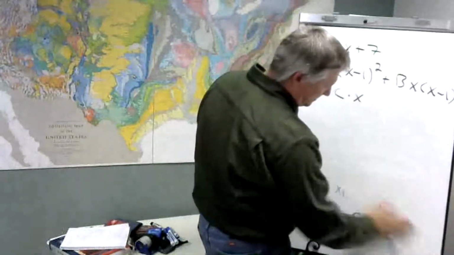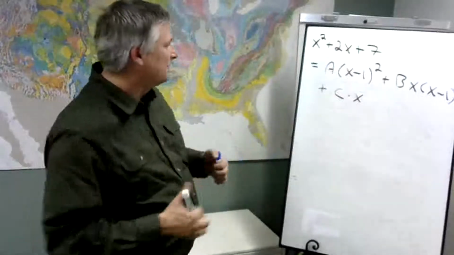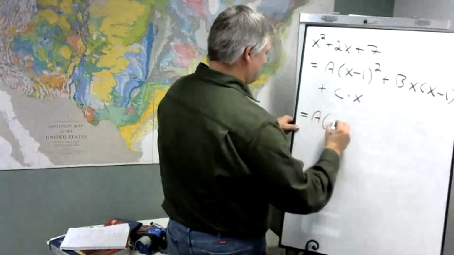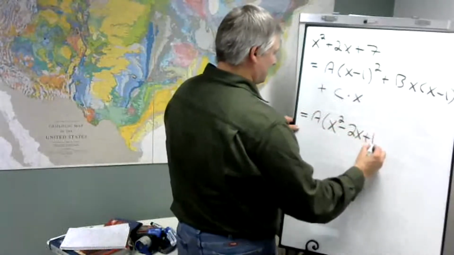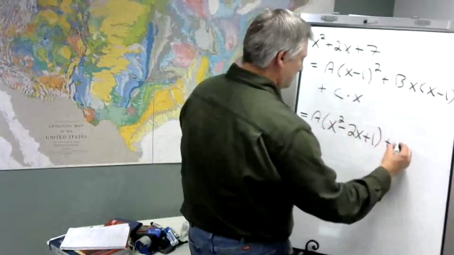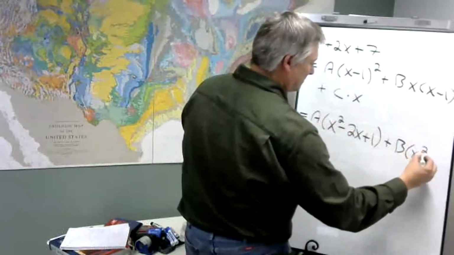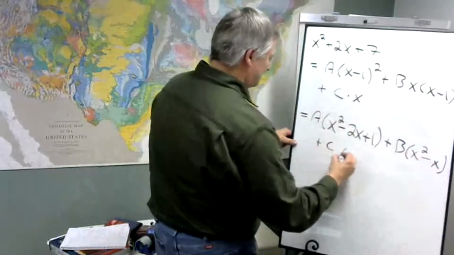So we're going to FOIL, distribute, and we'll get, distribute that x, and this would just be cx.